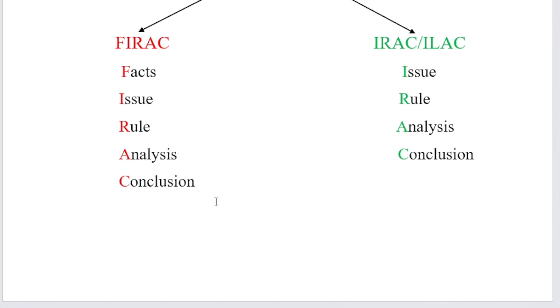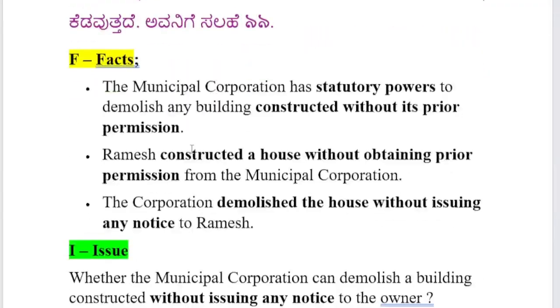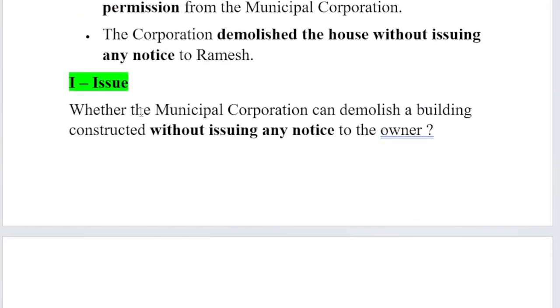Or otherwise, we can straight away frame the issue, that is the question based on the problem, and the rule or provision of law, analyze, and give the conclusion. So the next part is framing the issue: whether the municipal corporation can demolish a building constructed without permission without issuing any notice to the owner.